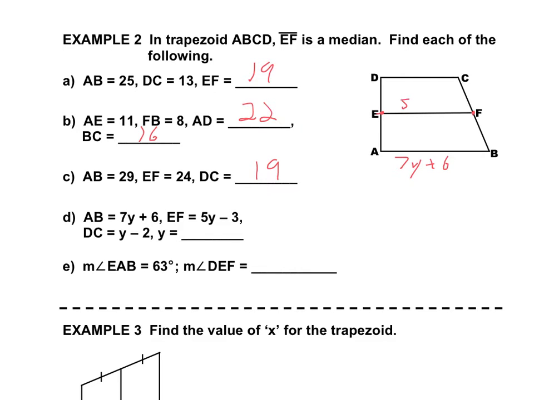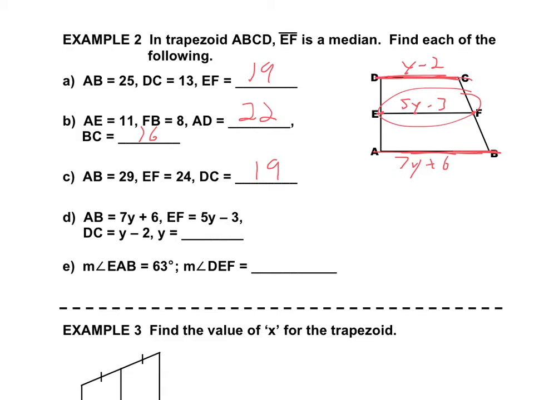EF is 5y minus 3. And DC is y minus 2. They want us to figure out y. Well, according to our formula, if we add this base right here and this base right here, and then divide by 2, it'll be equal to this one. Okay, so add them together.